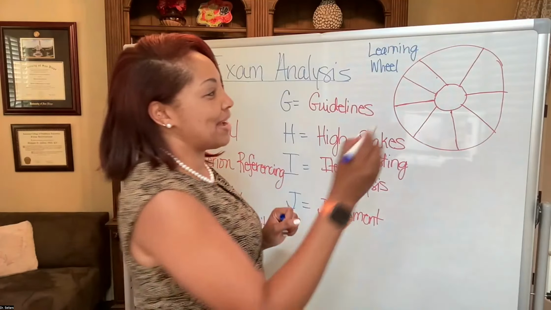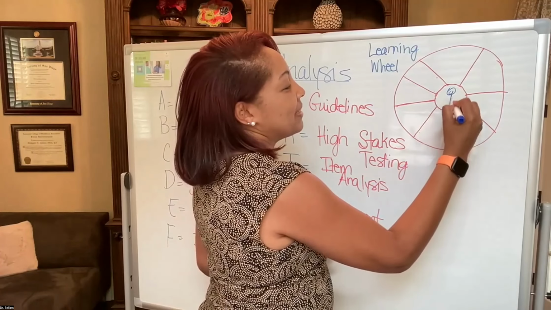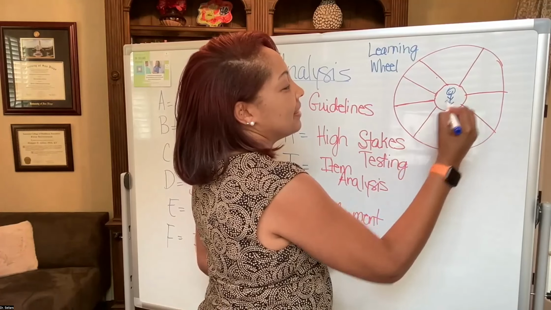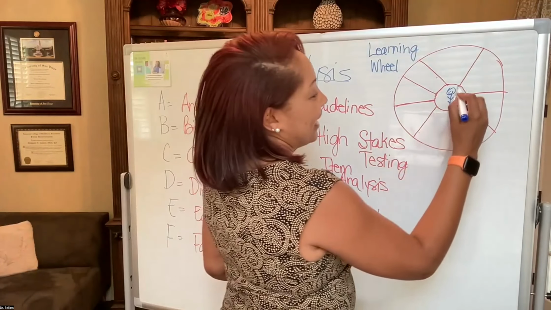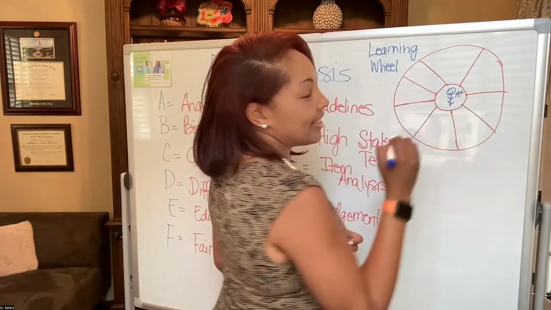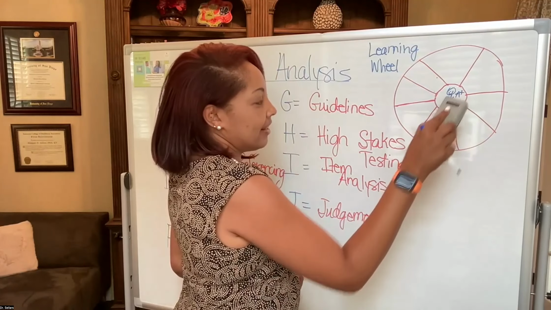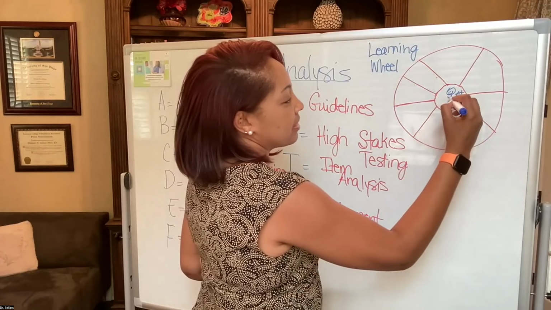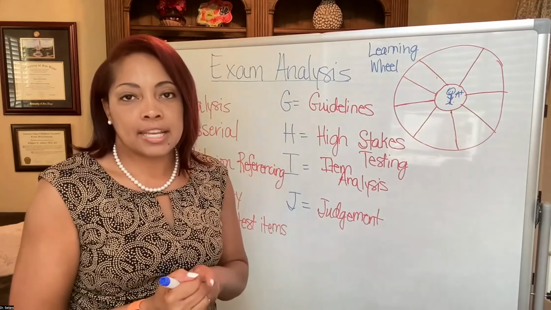All right, so think about our happy, smiling student being in the middle of this learning wheel related to item analysis. And we know every student likes to make A's, right, on exams. So we're going to give this student an A+. All right, and what this represents really is our students' performance, specifically on an exam.